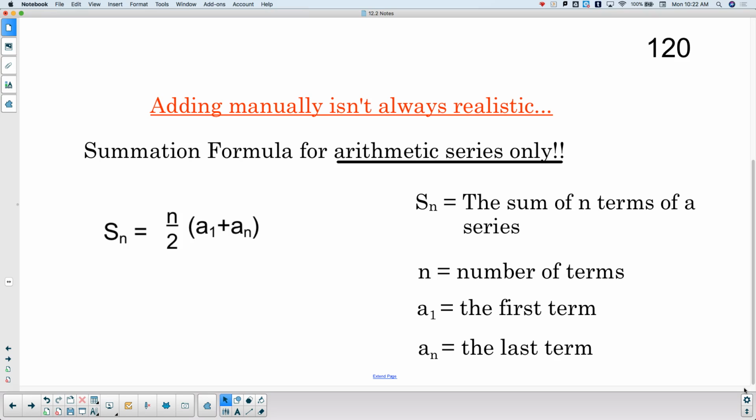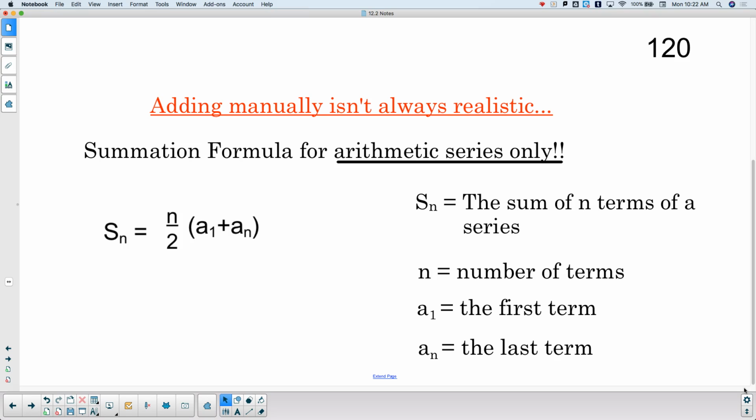What this tells you is that you need 3 things to find the sum. The first thing that you need is you need to know how many terms there are. The second thing you need is you need to know what the very first term in the sequence is.